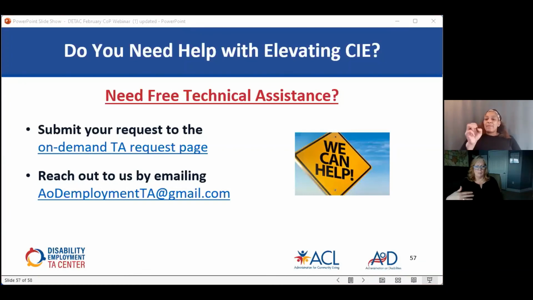I now work as a contractor for ACL as a senior advisor, also working on some of their policy work. My area of expertise, as many of you know, is Medicaid, Medicaid eligibility, Medicaid buy-in for workers with disabilities, and promoting employment and successful community living. I look forward to working with this project and all of you, and thank you very much.